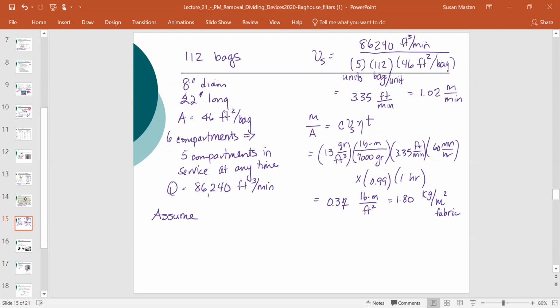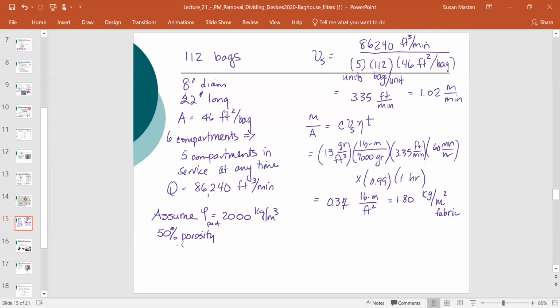So let's assume a density of 2,000 kilograms per meter cubed for the particles. We have 50% porosity of that material.